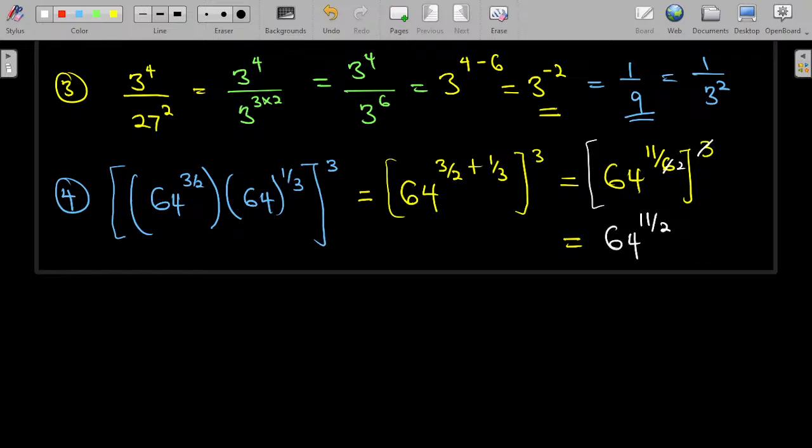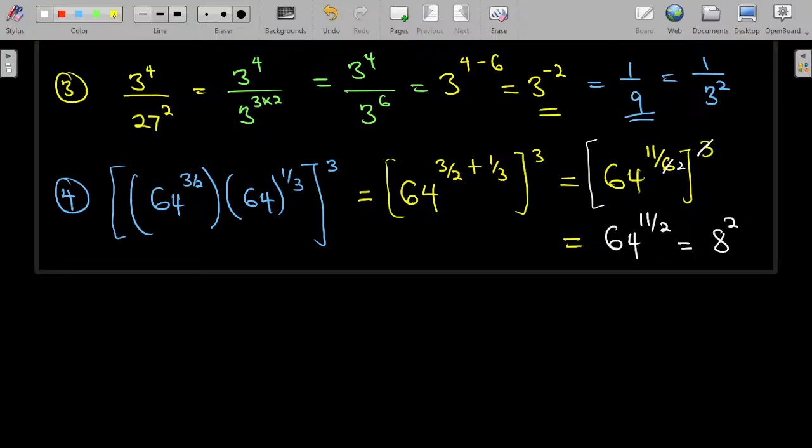Maybe, but then of course you can actually progress a little bit, because I can write this 64 as 8 raised to the power of 2. Okay, so why did I choose 2? Because of course you can write this as 2 raised to the power of 6. You can also write it as 4 raised to the power of 3. But I chose 8 to the power of 2 because of this denominator.